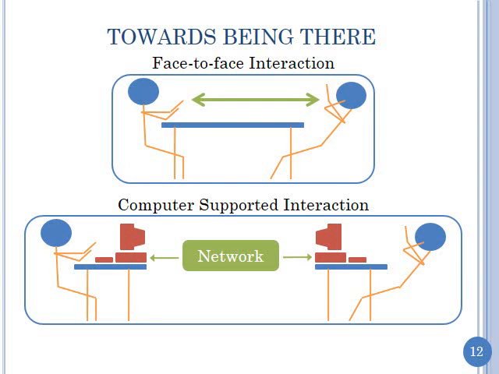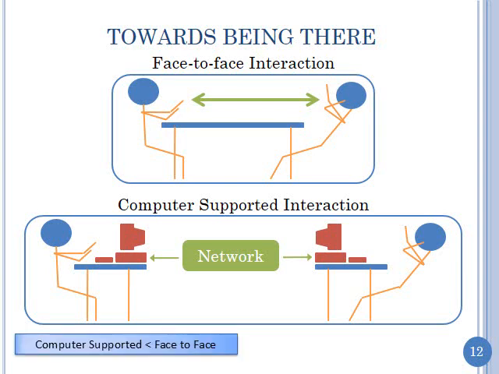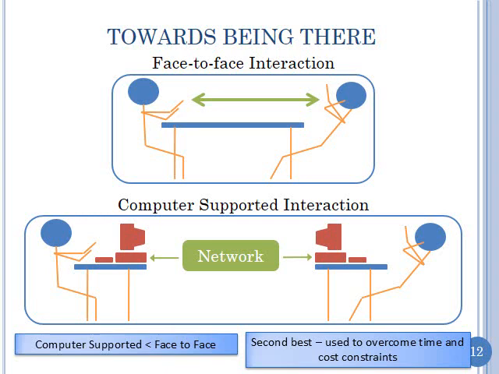It's always the second best thing. Only when you have time and cost constraints do you use it. Otherwise, do face-to-face. How can you make it less depressing? What kind of goal could you have to make the technology more interesting? So towards being there, what's the dual of that?